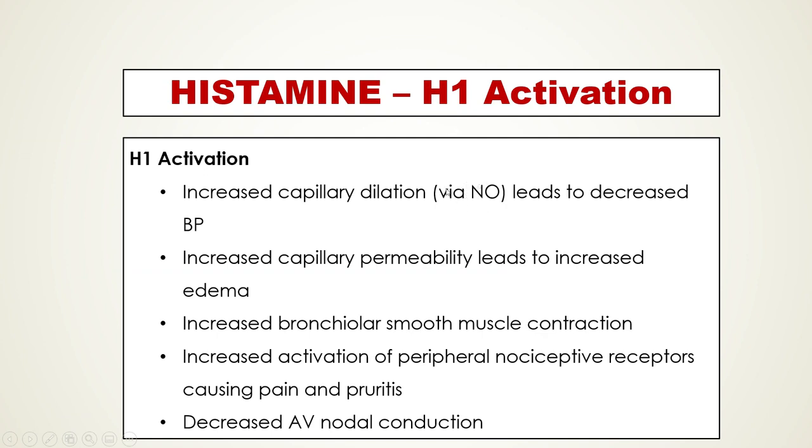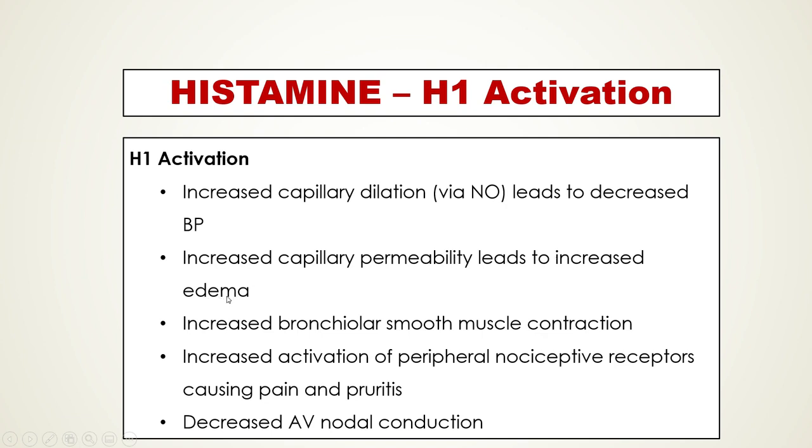Activation of H1 receptors is directly coupled to nitric oxide synthase, and this enzyme is going to convert arginine to citrulline and release nitric oxide, and this causes vasodilation, and this leads to increased capillary permeability and edema.